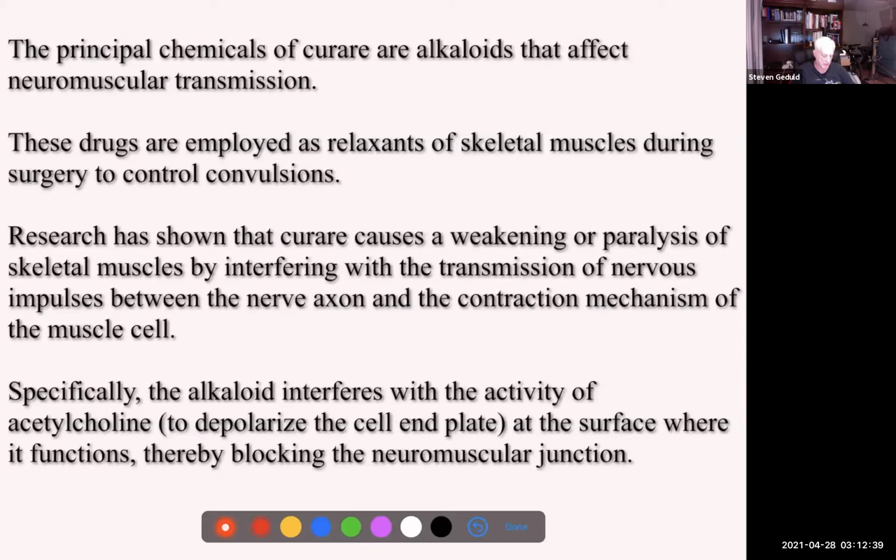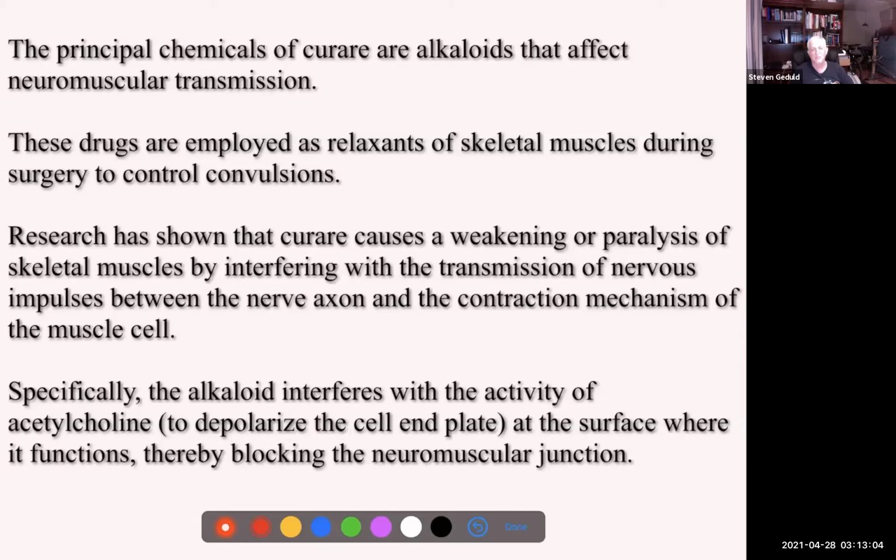So the patient holds still for surgery, which is a good thing, right? What's the problem with this picture? Curare paralyzes you, but does nothing for pain control. So you are completely paralyzed. You cannot move anything, and you can feel everything.